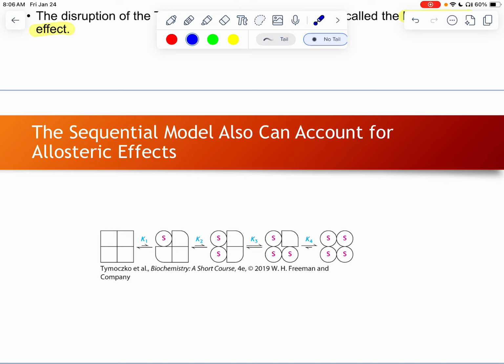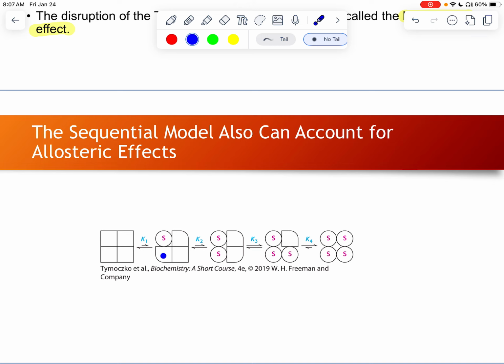But once the substrate binds, we see those neighboring subunits start to change. So notice I've got a combination between my square and circle there. Those neighboring subunits become slightly more active than the full square tense state, but they're not as active as they will be when they are fully in the R state.